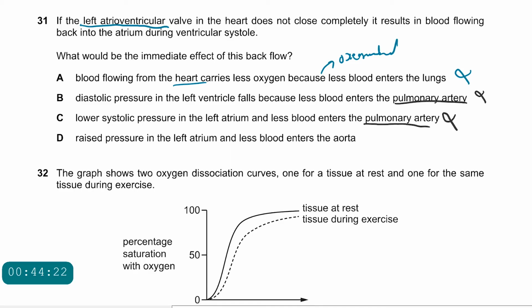D. Raised pressure in the left atrium and less blood enters the aorta. Pressure is raised in the left atrium because now the left atrium has to contract more blood into the ventricle, so it generates more pressure. And because the blood, instead of going to the aorta, now goes back into the atrium, less blood enters the aorta. Therefore, this is totally correct. The answer is D.